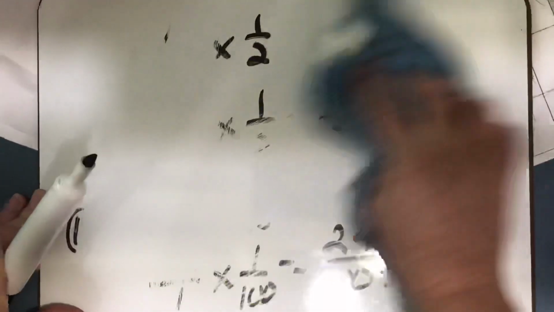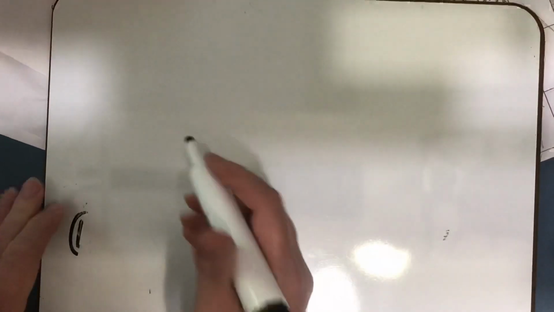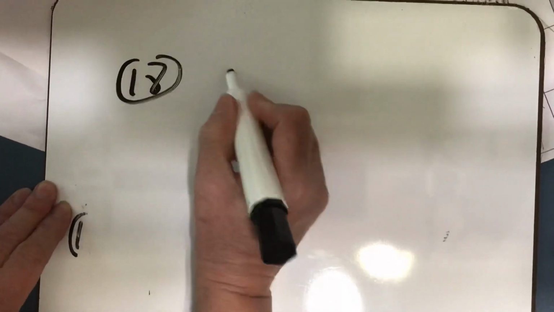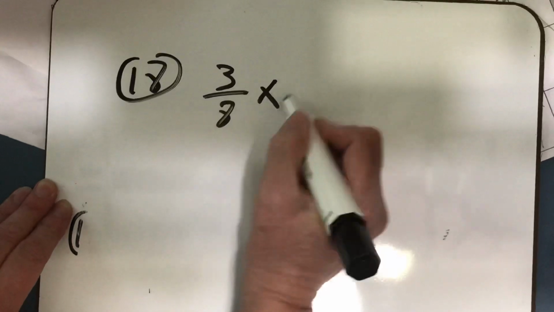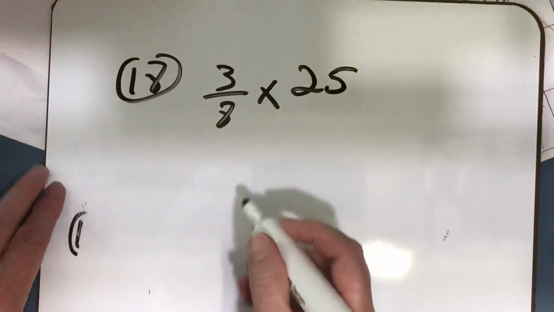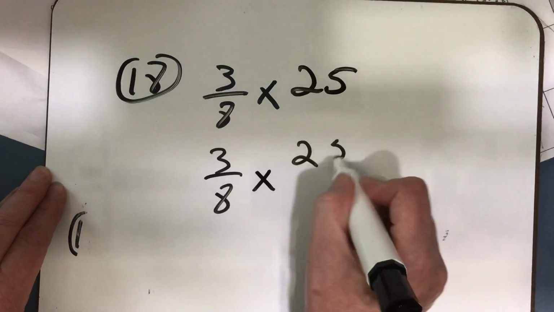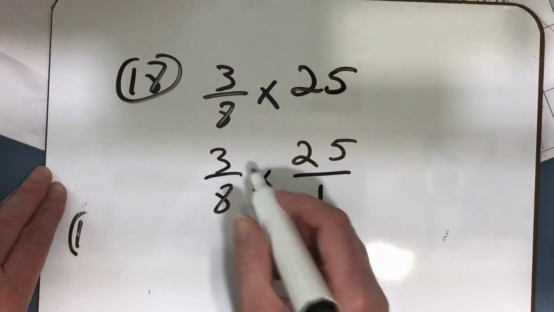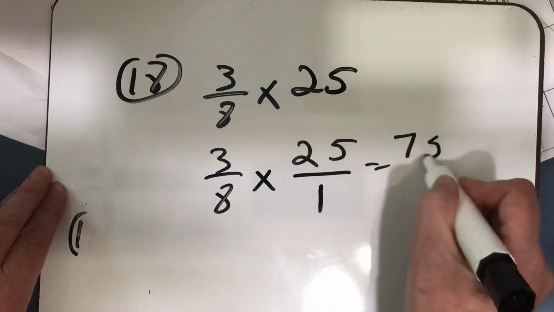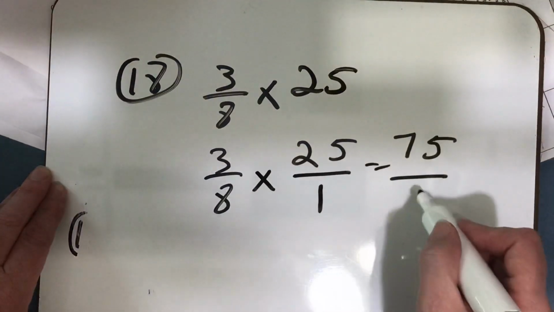All right, now let's look at number 18. 18 says 3/8 times 25. Okay, I'm going to rewrite that as 3/8 times 25 over 1. 3 times 25 equals 75. 8 times 1 equals 8.